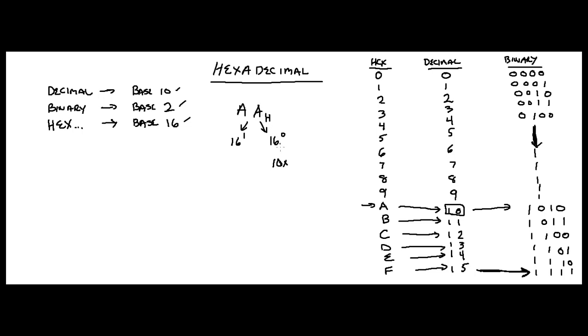So it's going to be 10 times 16 to the 0 plus 10 times 16 to the 1. Well, 10 times 16 to the 0, that's 10, since 16 to the 0 is 1. And 16 to the 1 is 16, times 10, that's equal to 160. You put them together, you get 170. You see it?